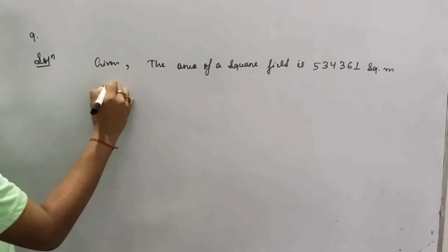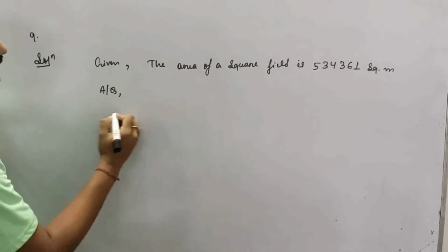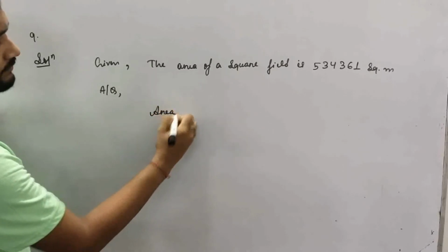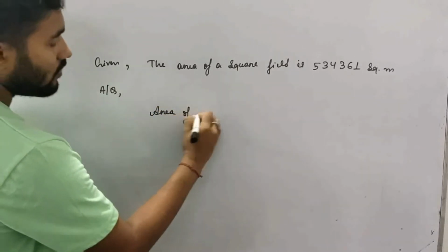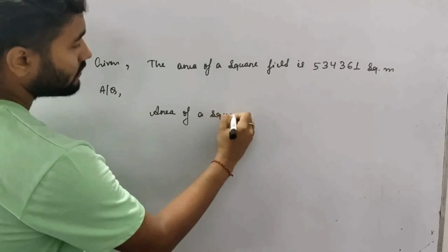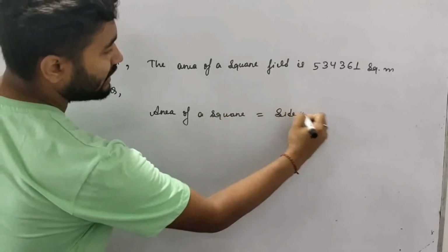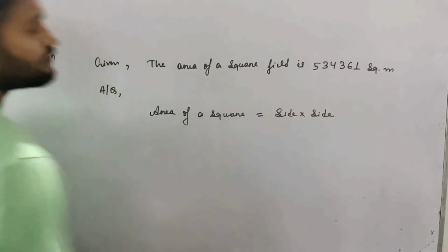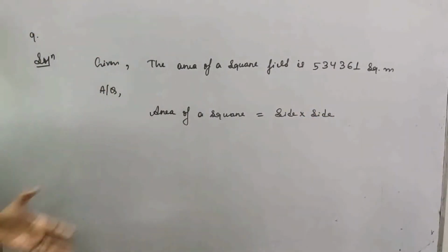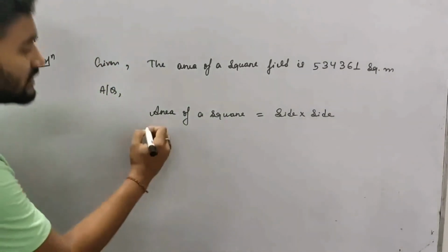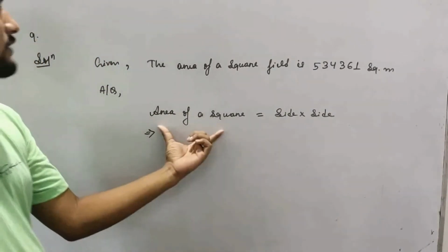So now according to the question you write, area of a square is equal to side into side. We know the formula.